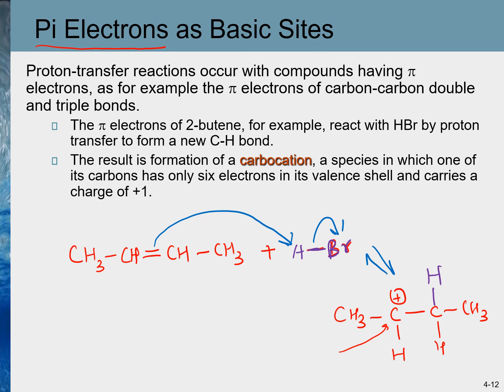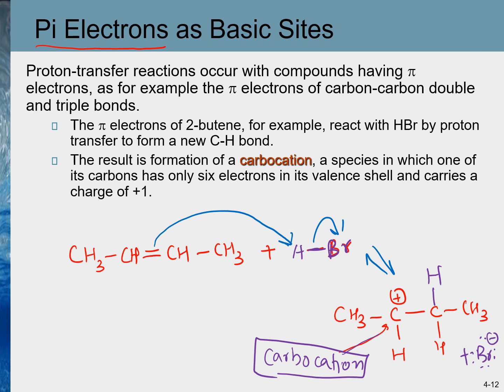and this species where the carbon atom has a positive charge is known as carbocation. So when pi electrons act as a site to receive a proton, it will result in formation of a carbocation.